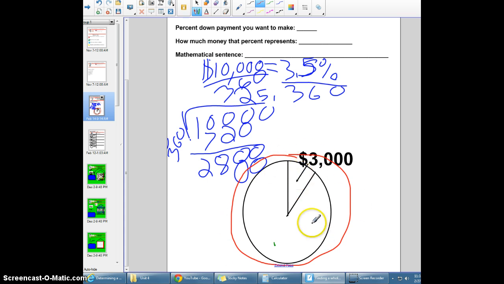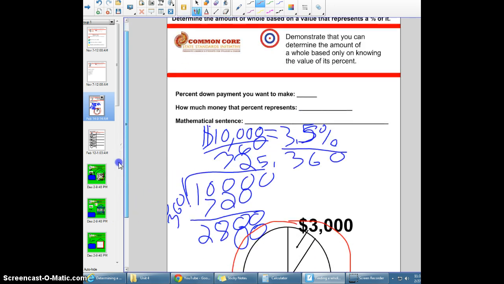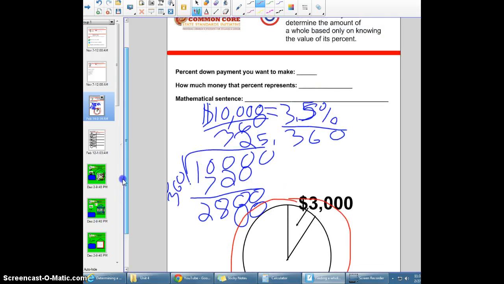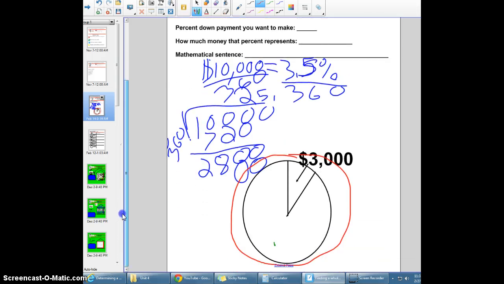And that's what I mean when I say, demonstrate to me that you can determine the amount of a whole number based only on knowing the value of its percent. If I said that this piece here is 15%, what you know is that this much represents 15%, and that 15% is equal to $3,000.